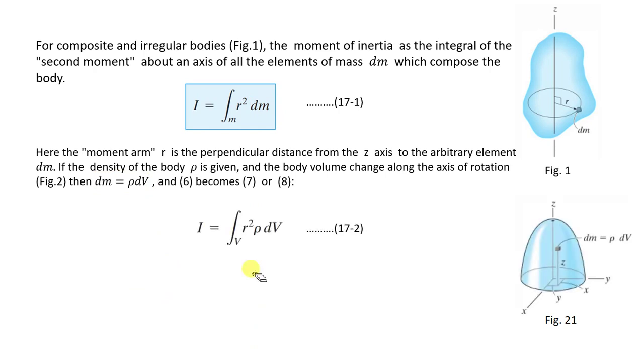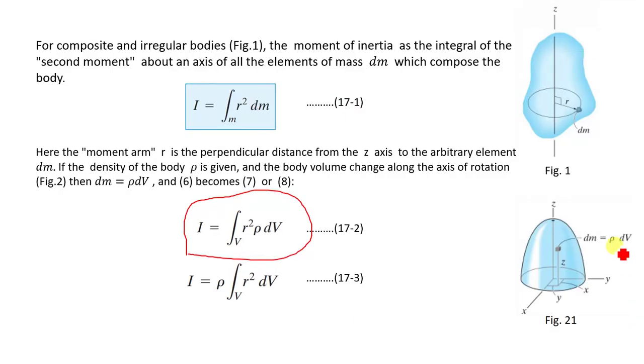So the moment of inertia can also be written in this format, where you say the integral of r squared rho dv, and then the initial volume is going to be our lower limit. Same applies to this. They've just removed the density outside.